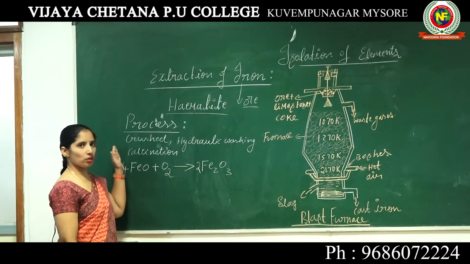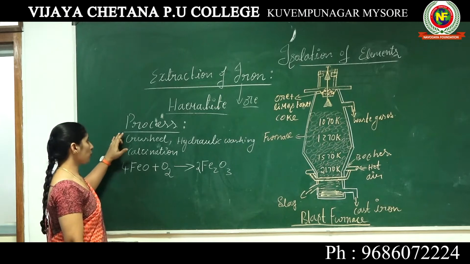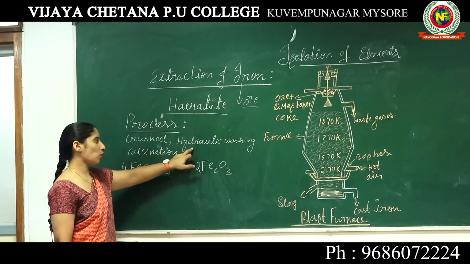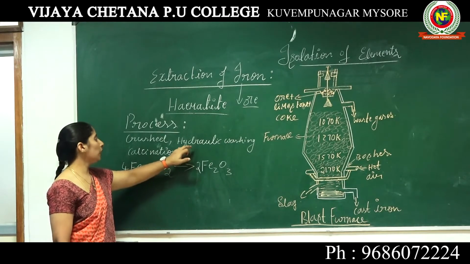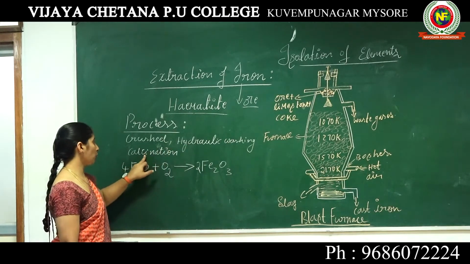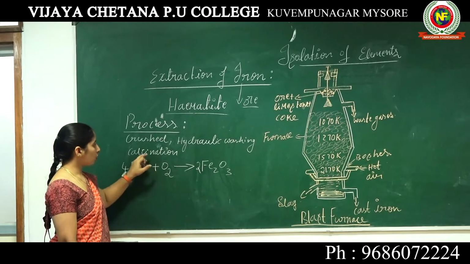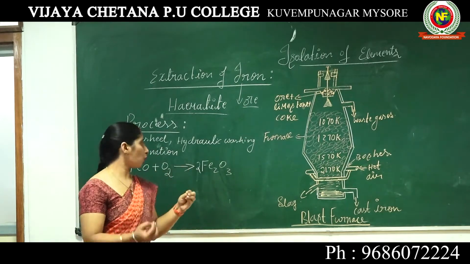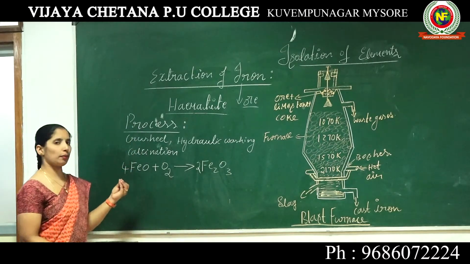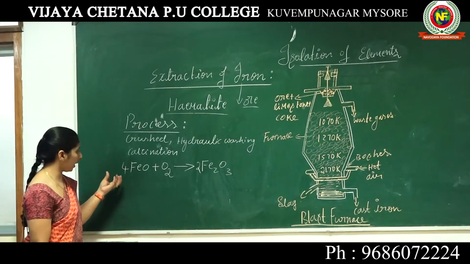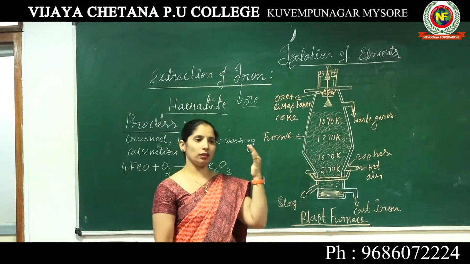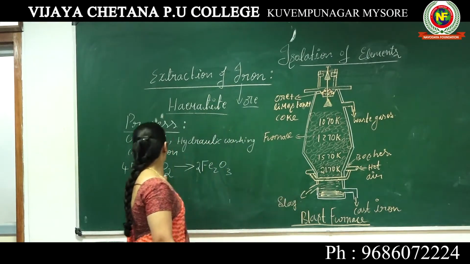See the process. In this process, the hematite ore is crushed, finely powdered, and concentrated through hydraulic washing. Then it is heated in the process called calcination. In calcination, the moisture escapes, along with organic matter and impurities.